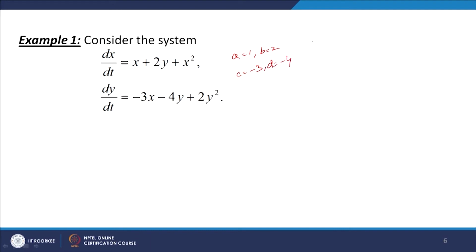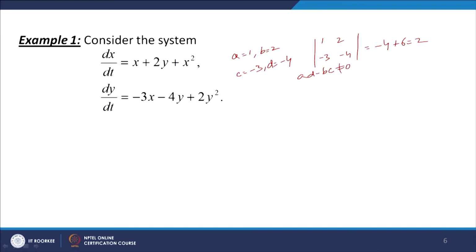So, the determinant of 1, 2, minus 3, minus 4 is minus 4 plus 6, equal to 2. So, ad minus bc is not equal to 0.